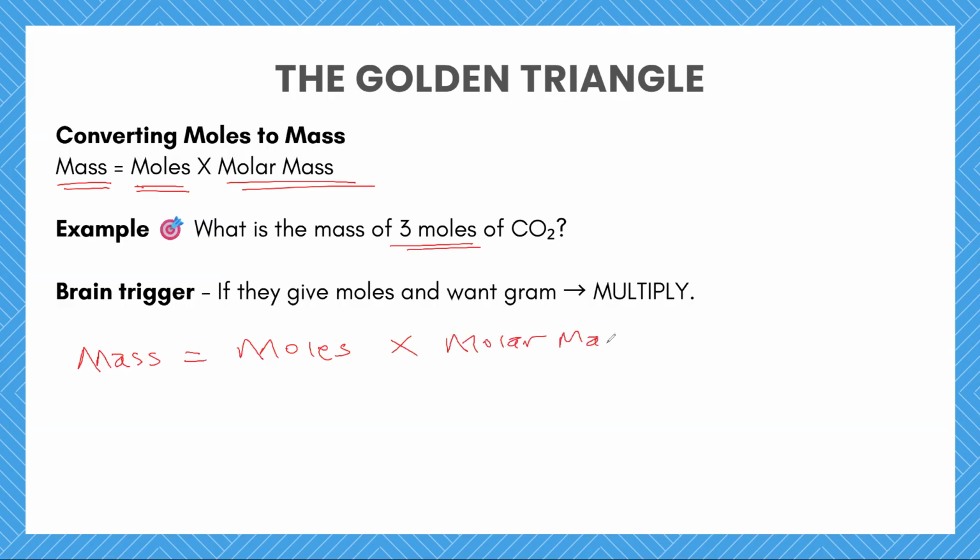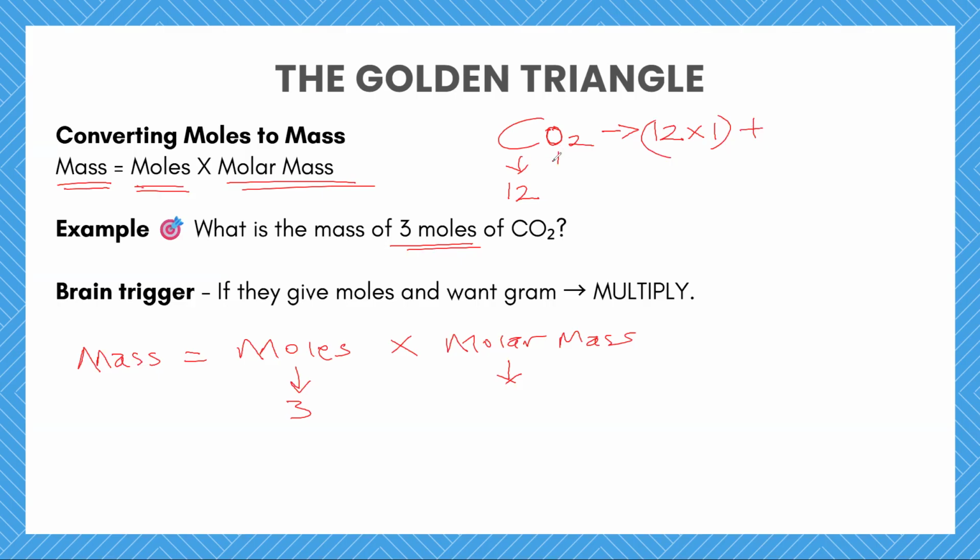The number of moles is 3, and the molar mass of CO₂, how can we calculate that? So we have CO₂. Now let's go ahead and calculate the molar mass of CO₂. Carbon has the relative atomic mass of 12, and there is just one atom of carbon, so it is 12 times 1.